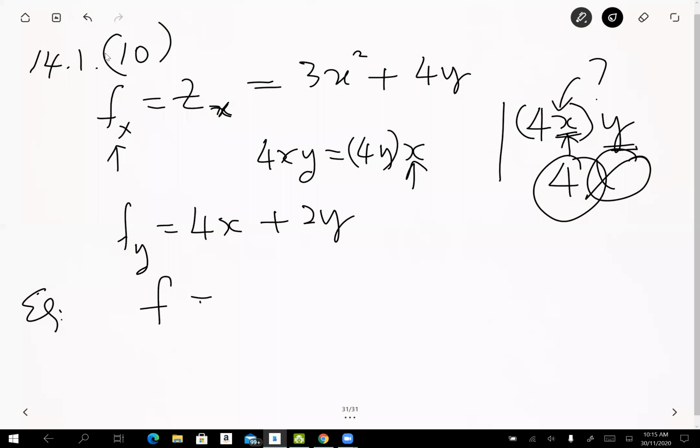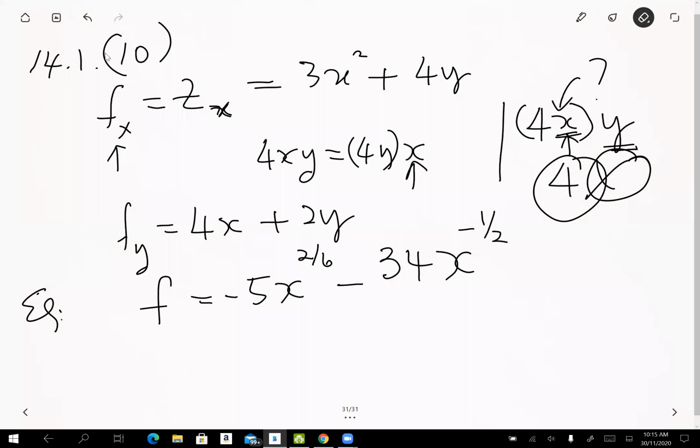So I got f equal to negative 5x to the power of 2/6, minus 34 x to the power of, no, not negative, make it 1/3, positive, y to the power of 7.6.